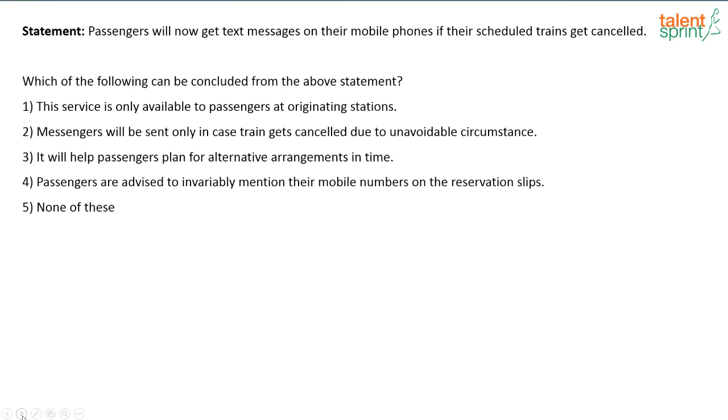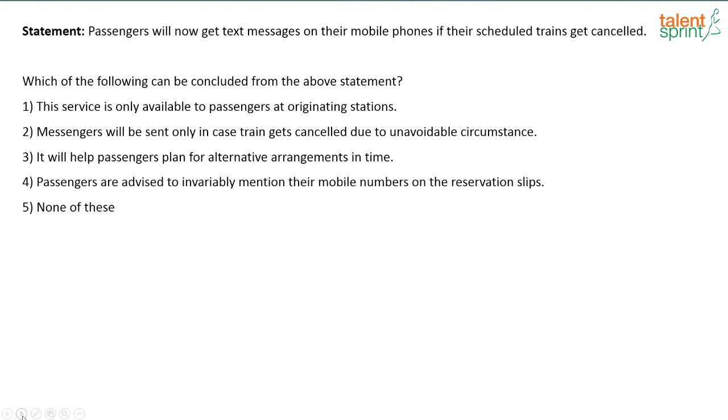What is given here? Passengers will now get text messages on their mobile phones if their scheduled train gets cancelled. So if your train gets cancelled, you will get a message on your mobile phone. Which of the following can be concluded from the above statement?